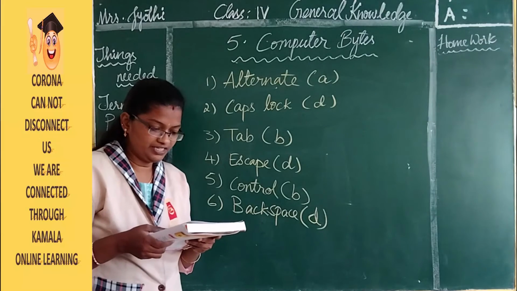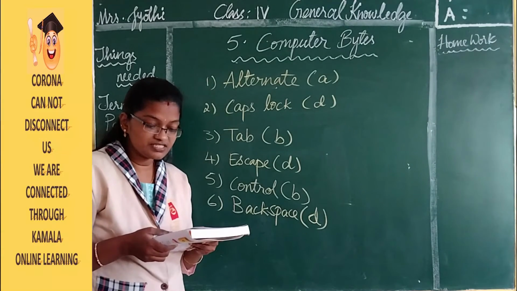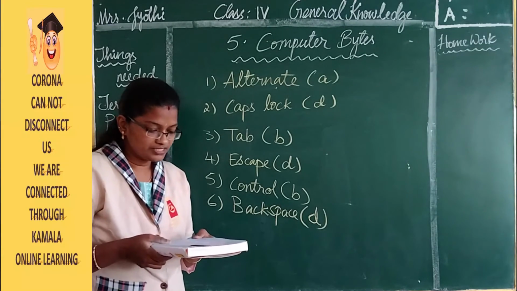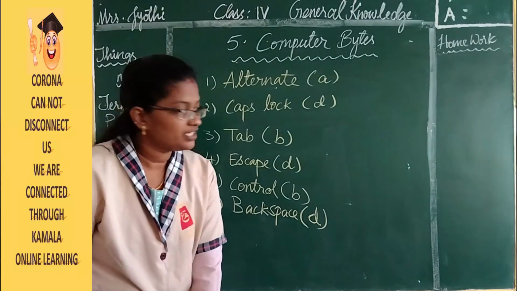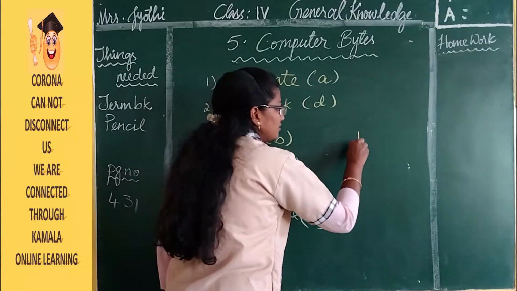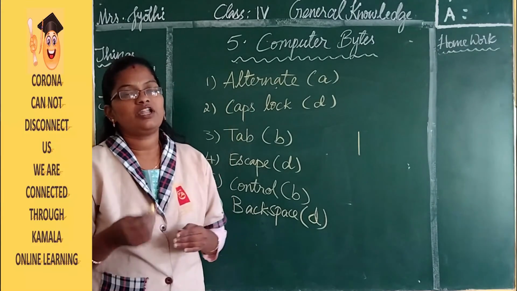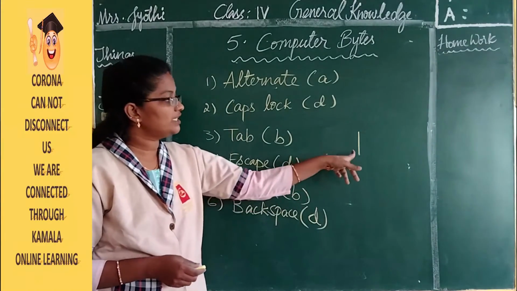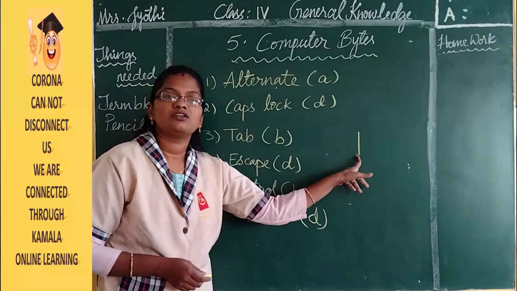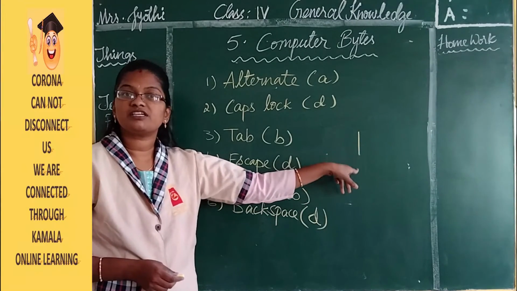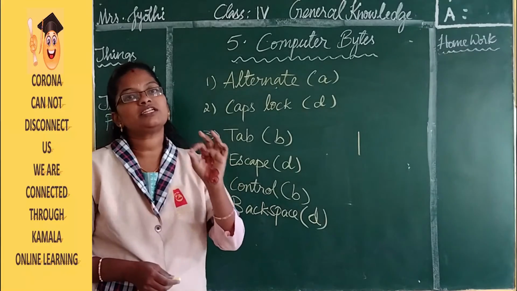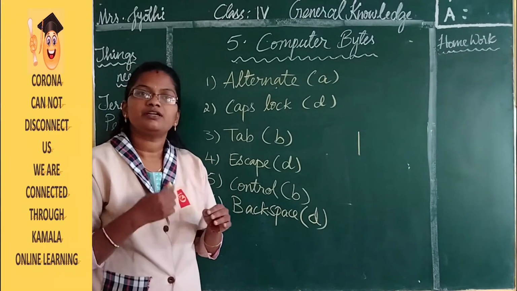Which flashing line indicates where the next character will be typed on the screen? I already told you there will be a line that is always blinking, or we also call it a flashing line. Wherever this line is present, in that particular place only the text you are typing will be typed.